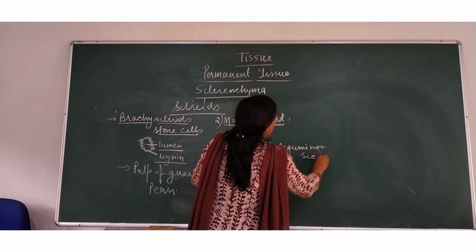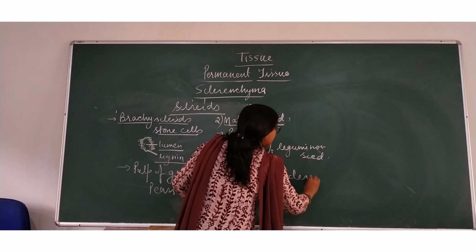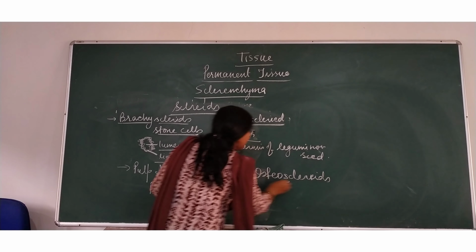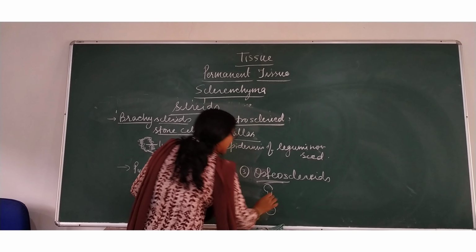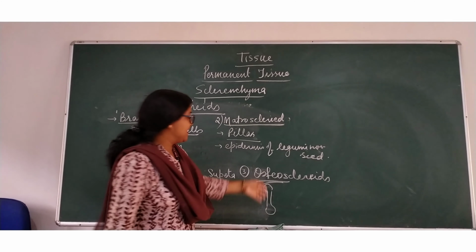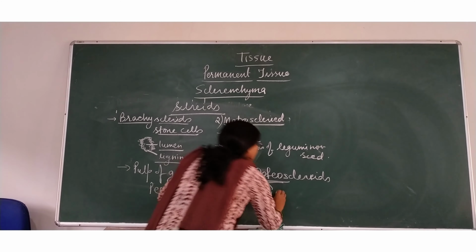The third type is known as osteosclereids. Osteo means bone. They look like bone, so they are named osteosclereids. They are also elongated, and they are found in the subepidermal region of leguminous seeds.